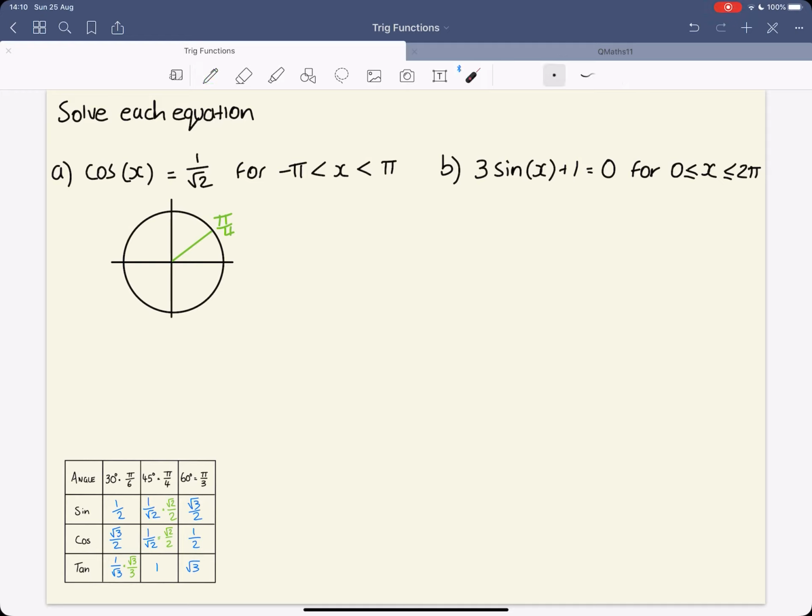Now we know that if we take the cosine of that angle, the cosine of the angle is how far along the x-axis we had to go. Not how high up, but just how far across did we have to go. And we know that it was 1 on root 2, because the cosine of 45, or the cosine of pi on 4, is how far across the x-axis we need to go.